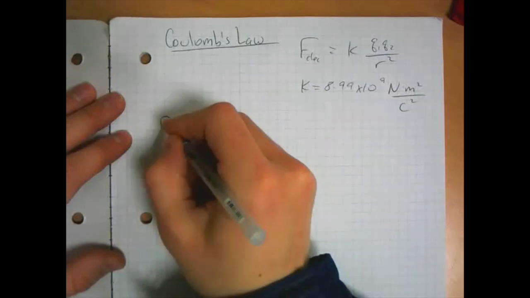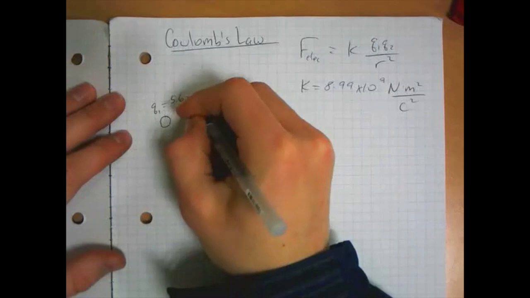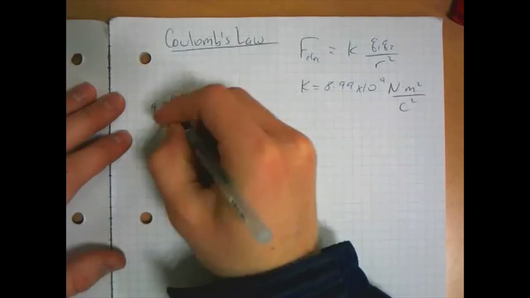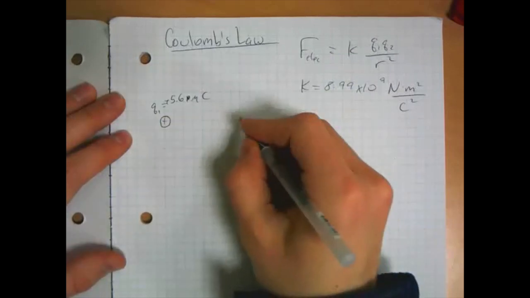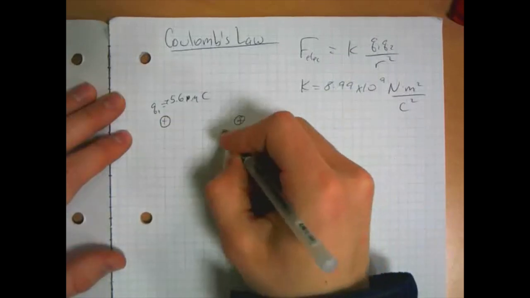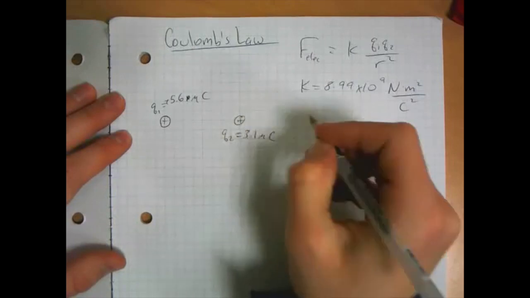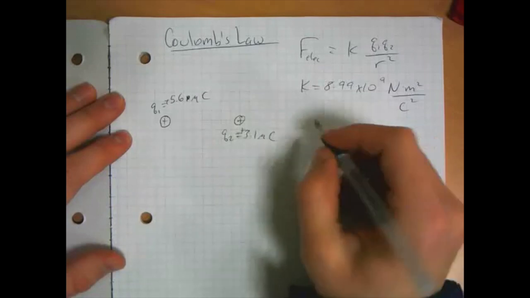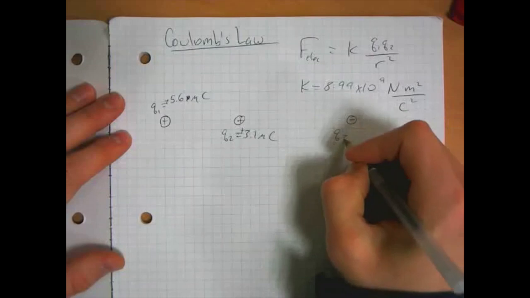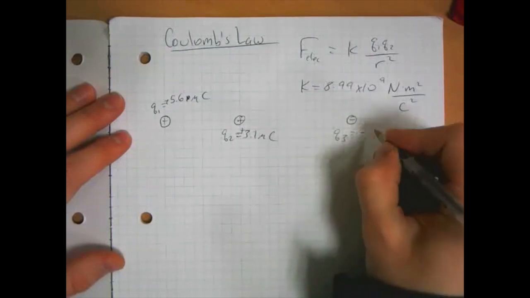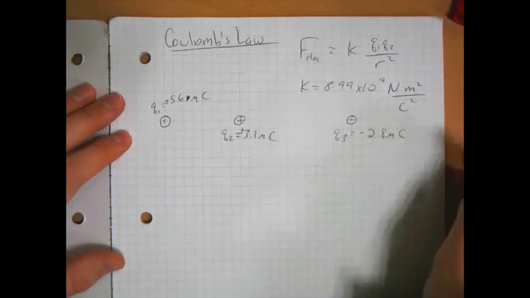We have Q1 is 5.6 microcoulombs, positive. And let's say we have Q2, 3.1 microcoulombs, also positive. And then over here, Q3 is minus 2.8 microcoulombs.